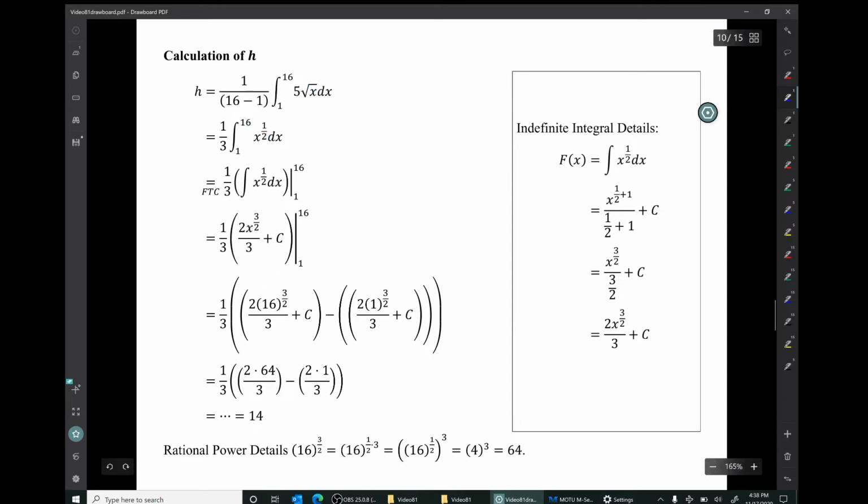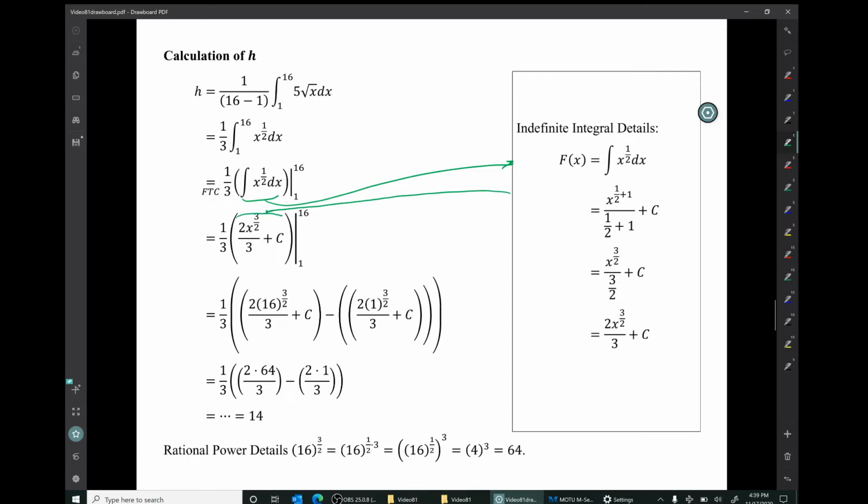Then I used the fundamental theorem of calculus to relate this definite integral to this expression involving an indefinite integral. Fundamental theorem of calculus tells us that those two things are equal. Then, following the usual organization, I break off this indefinite integral calculation and I do it over on the side. And when I'm done, I bring the result back in and put it in those parentheses.